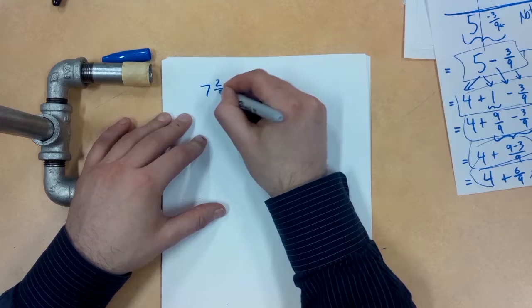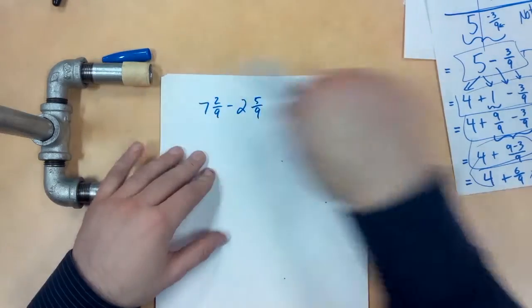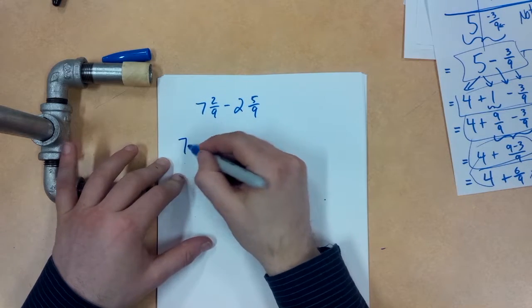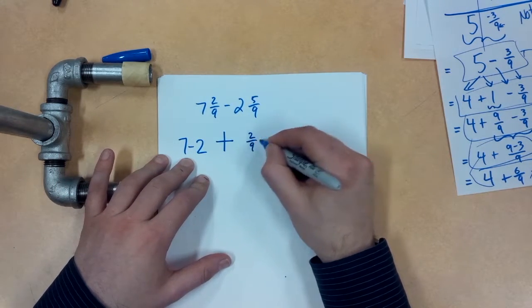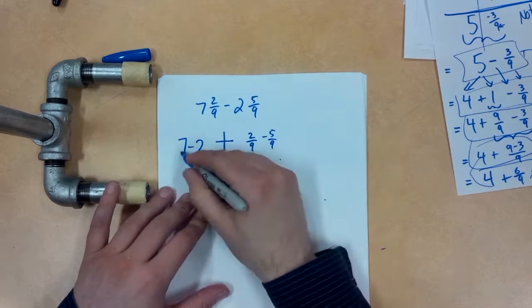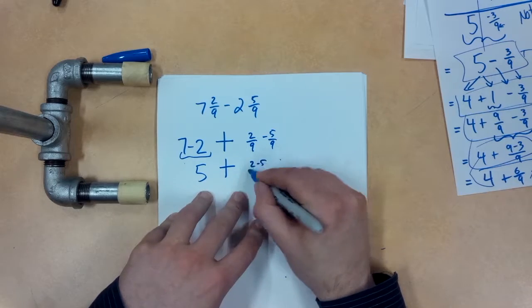7 and 2/9 minus 2 and 5/9. Let's see if this side to side way is a little shorter. Okay, 7 minus 2 and then 2/9 minus 5/9. Okay, so I know that this is simply 5 and then 2 minus 5 over 9.